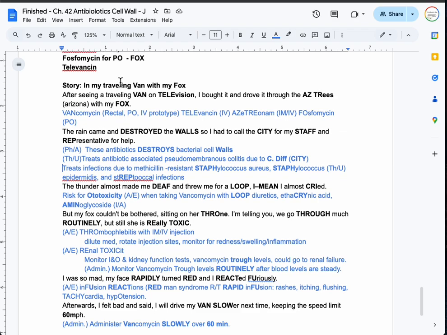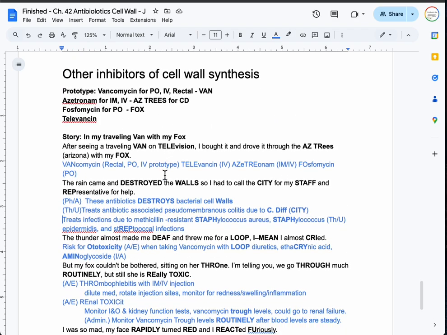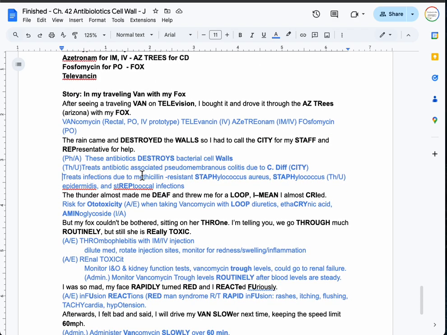It also treats infections. These four drugs treat infections due to methicillin resistant staph, right? Call my staph: Staphylococcus aureus, staphylo whatever coccus. Anything staph, that's therapeutic use.